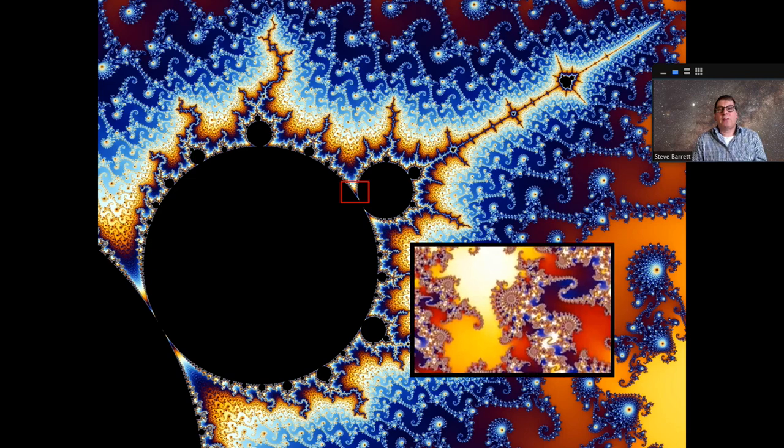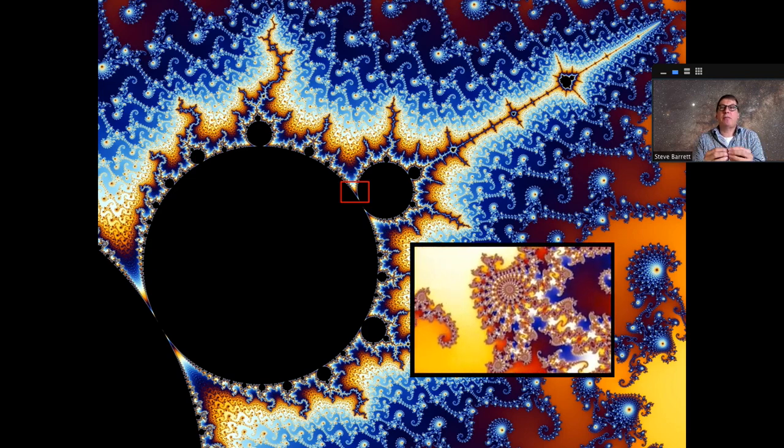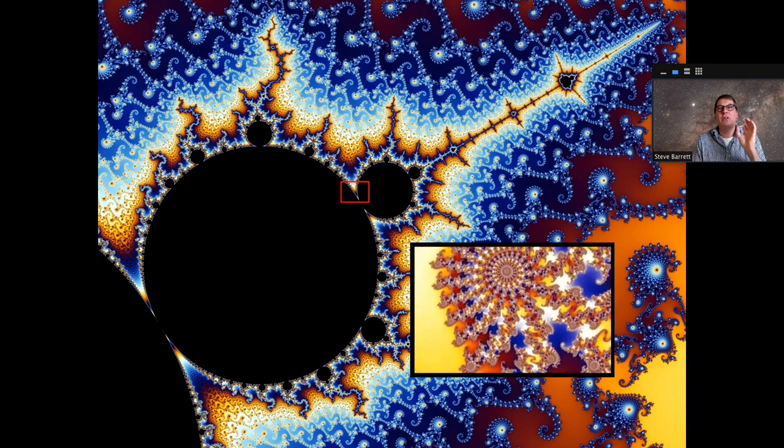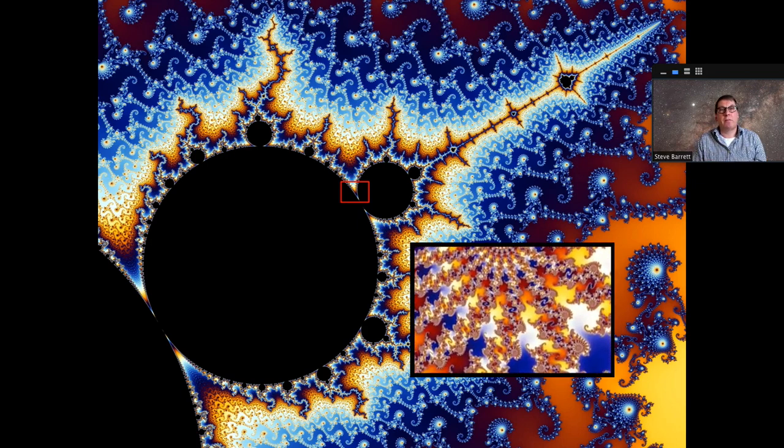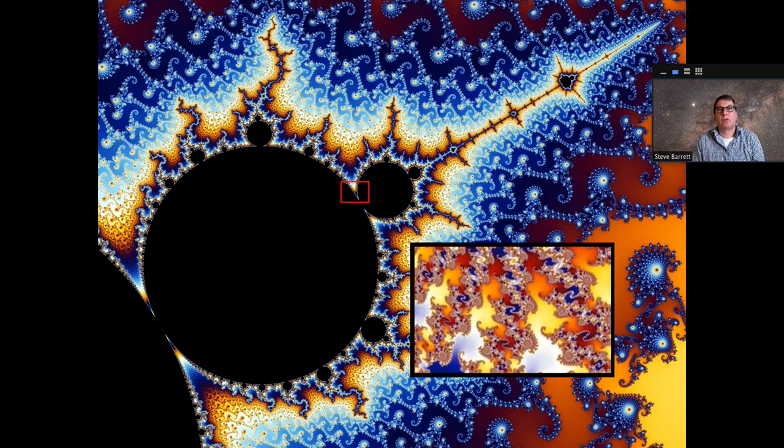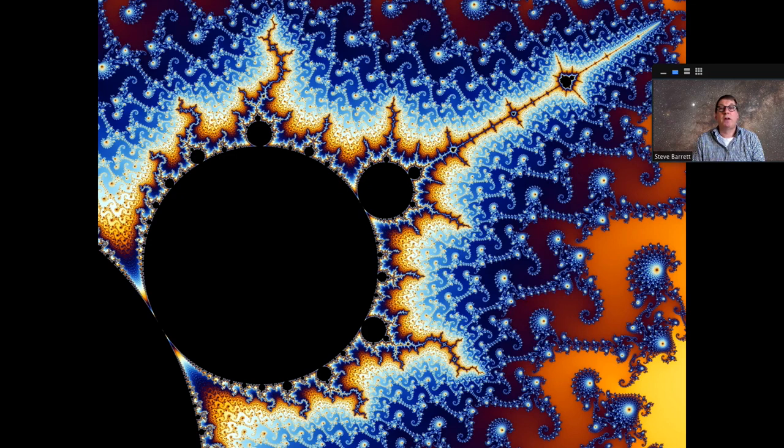What complexity must we have in the mathematics that defines every pixel in the entire Mandelbrot set? Well, the mathematics required to generate the entire set is that equation there.